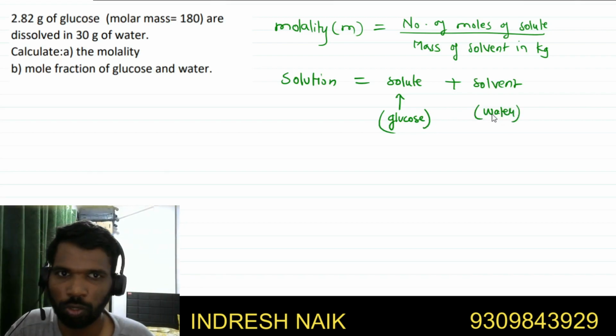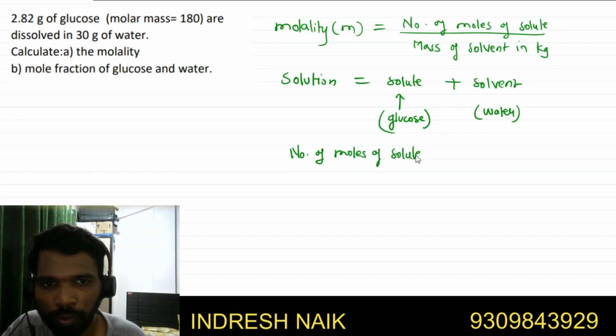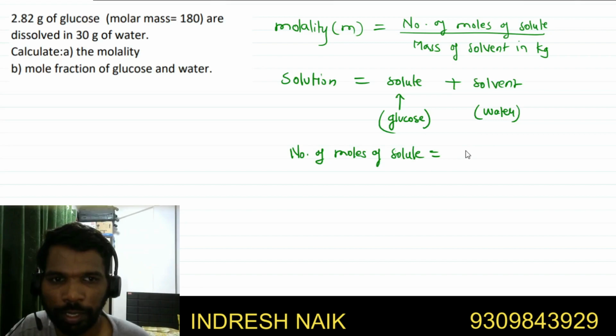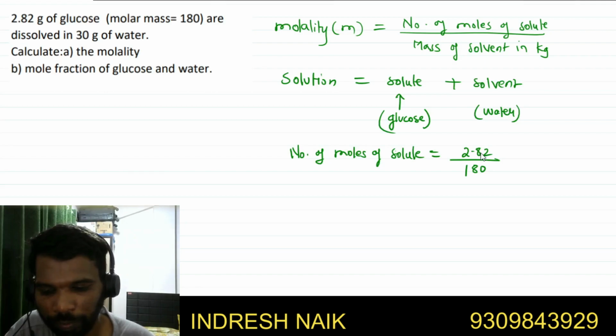So what is the number of moles of solute? It is the given weight 2.82 divided by the molar mass of glucose, that is 180. So 2.82 divided by 180.